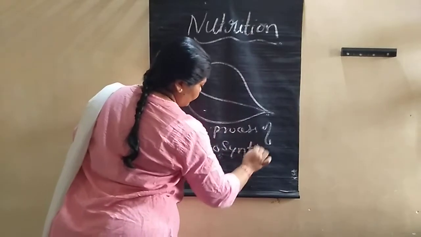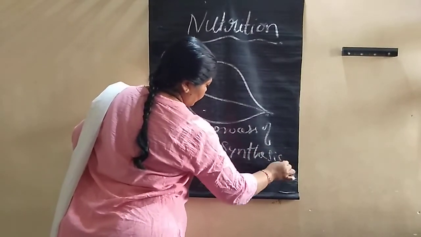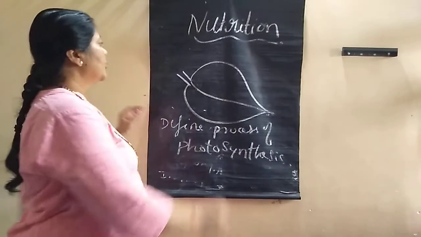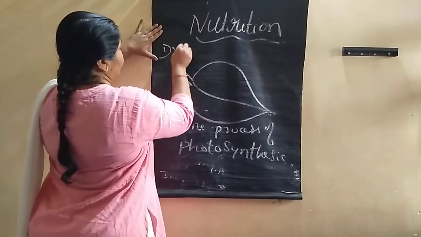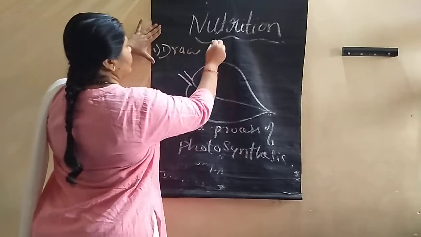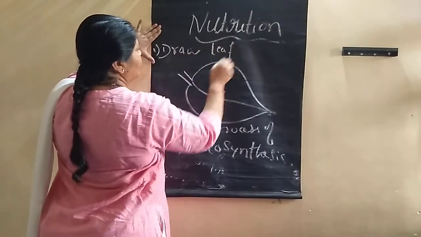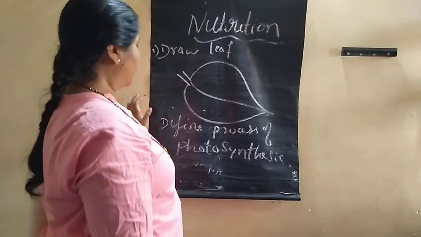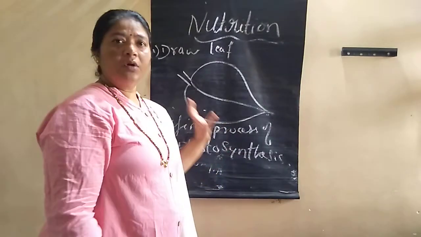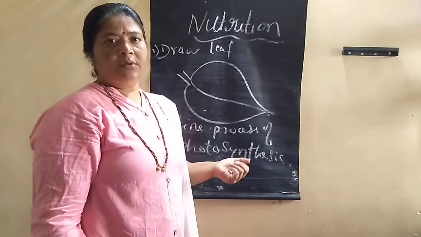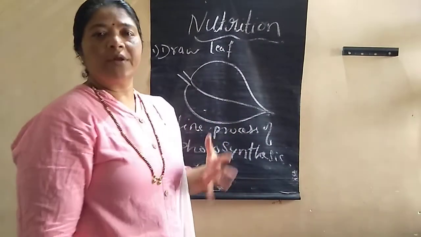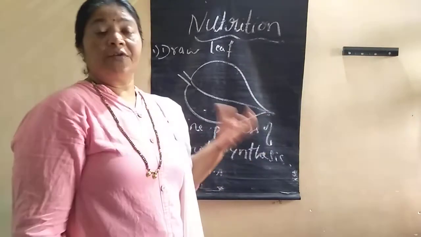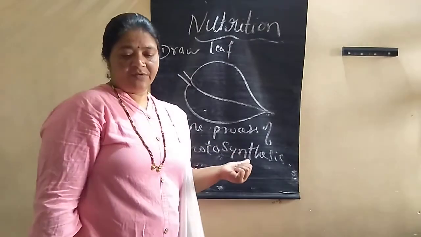Draw leaf and label the parts, and write the definition of photosynthesis. Whatever you know. Okay, don't go through the books. Whatever you know, you can write. Okay, I need the different definitions of photosynthesis.